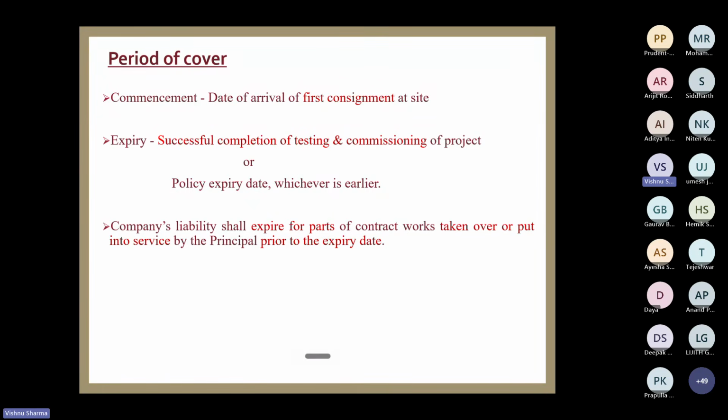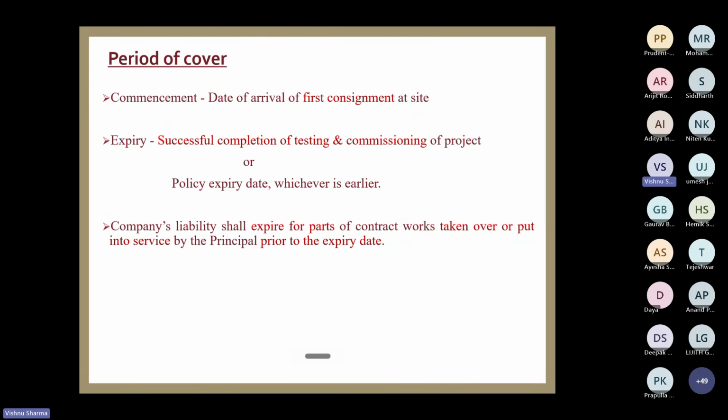Sometimes it happens that the moment gas turbines are erected and commissioned, the principal says, I will not keep it idle. Since the money has already gone and it is commissioned, I will run it in open cycle mode. Open cycle mode means let the exhaust gases release to the atmosphere. Let it run at 35% efficiency only.